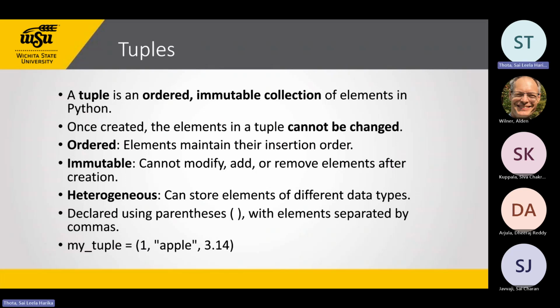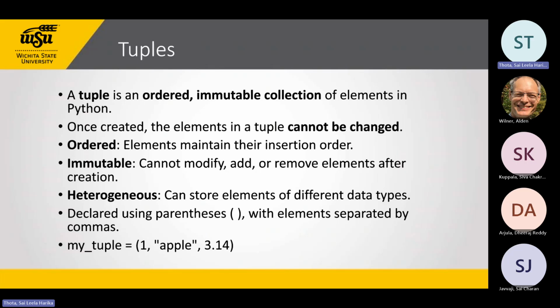Okay, tuples. Basically they are an ordered, immutable collection. Unlike list, once you declare a tuple, you can't change it. Once you declare a tuple, it's final. You can't change any value in the tuple. And immutable, as I mentioned, means you cannot modify, add, or remove elements once they are created.